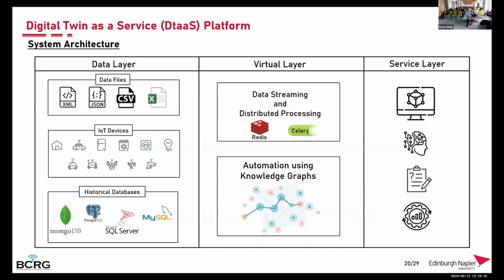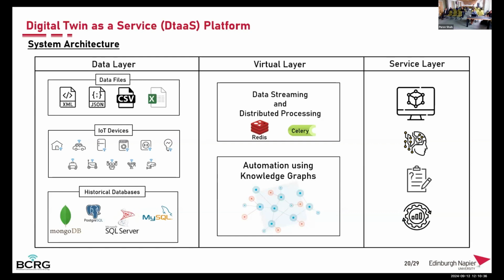So how do we do that? We try to have three layers, as I said. In the first layer, we have data. We have different data formats from different IoT devices. We can have historical databases, and we are just collecting them.